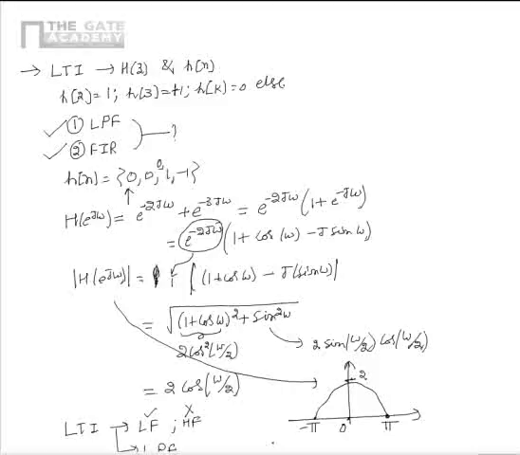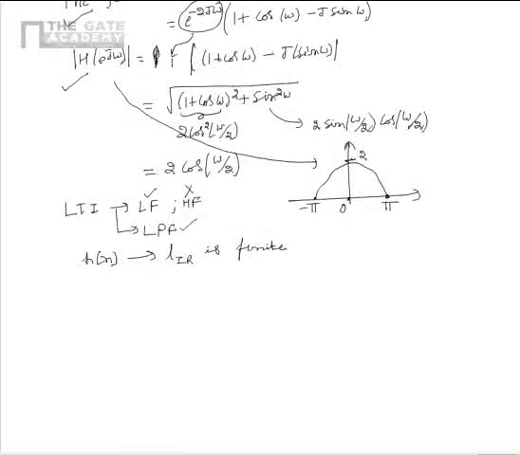So that's how we solved for H of e power j omega and abs of H of e power j omega. So from this we can say that the given filter is LPF and also the given filter is FIR. From this we can say that the statements 1 and 2 are correct.